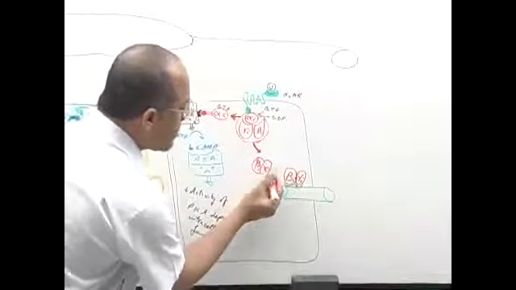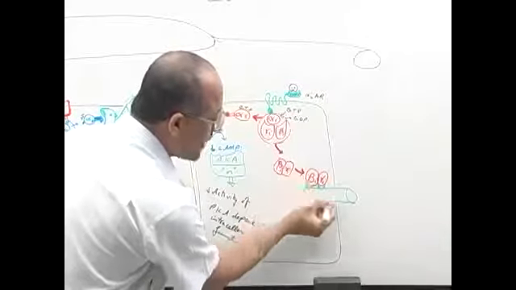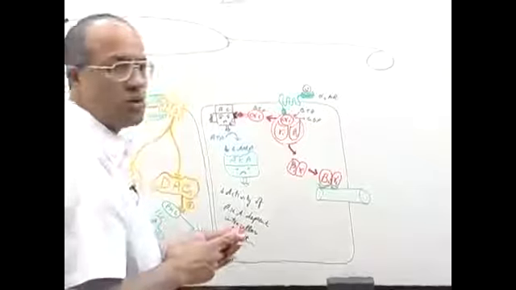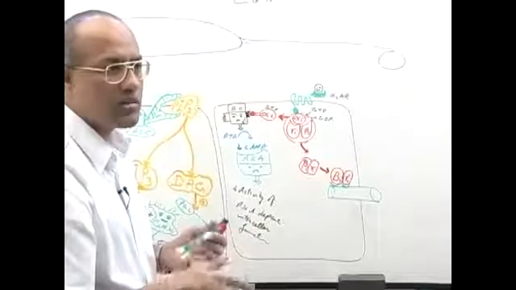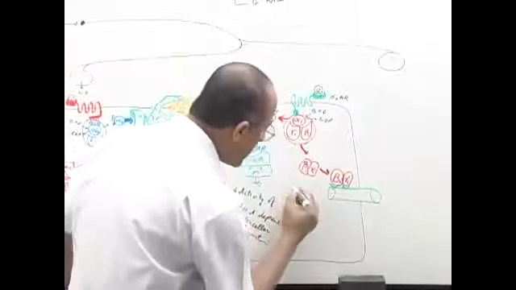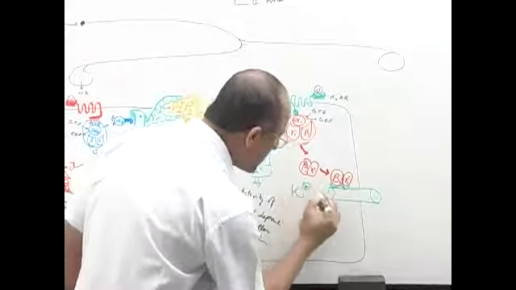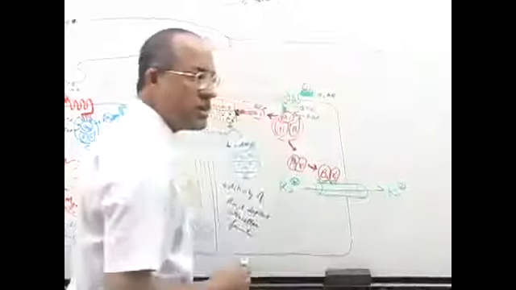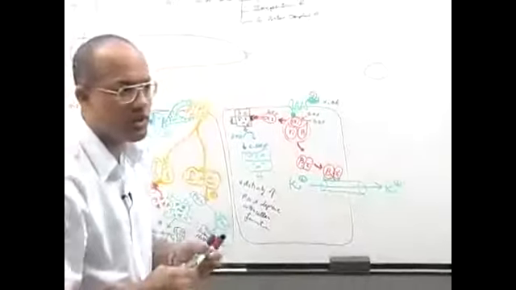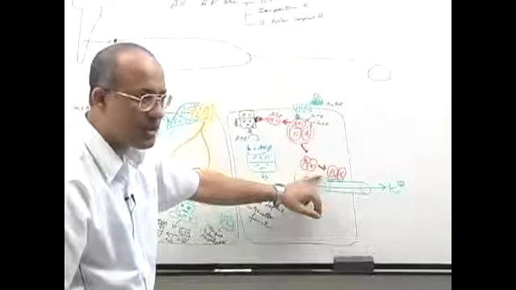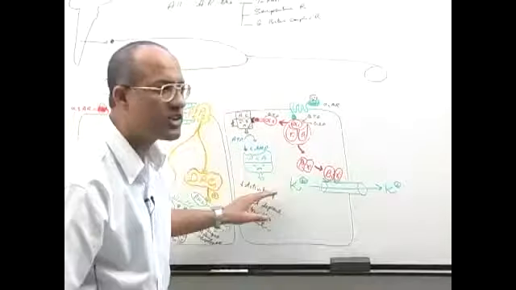As you know, the potassium concentration intracellularly is high. So naturally potassium will start moving from the intracellular compartment to the extracellular compartment. So what really happens, the beta gamma unit of G inhibitory increases potassium efflux.